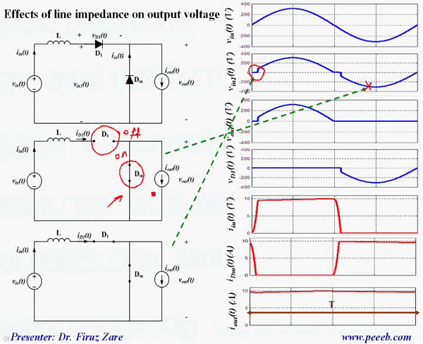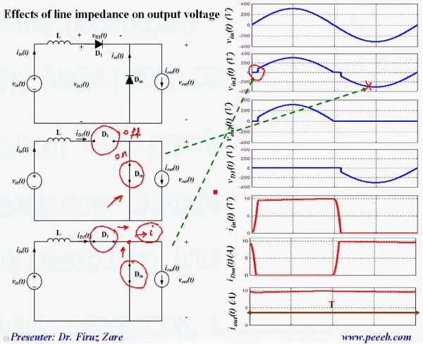Basically we have positive voltage, so this diode should be turned off, and we turn on this diode. And if we just concentrate on this node, because the output current is constant, this current, which is line current, input current, plus current through this freewheeling diode should be equal to output current.